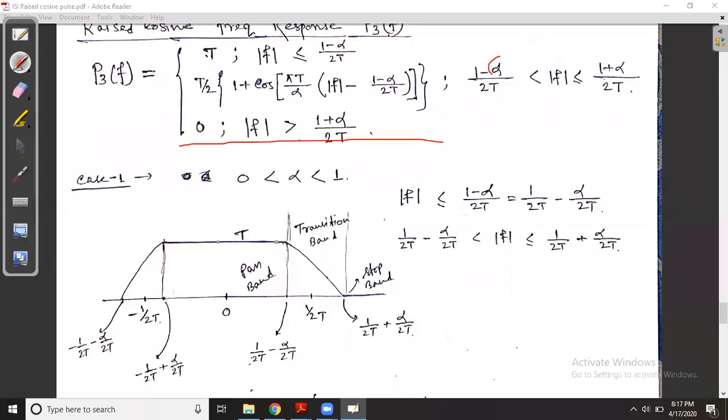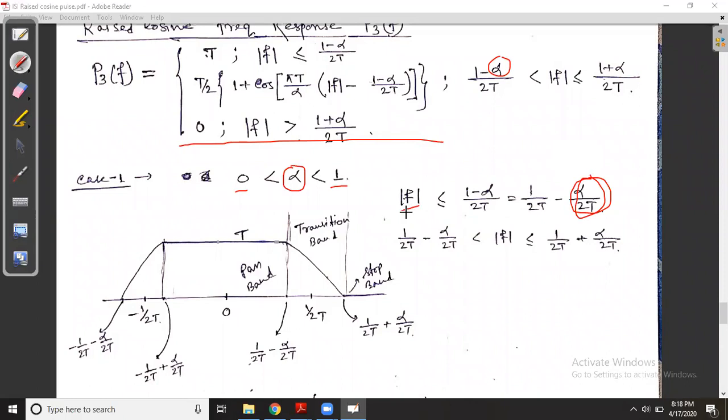Alpha is used to change the shape of the pulse. The range of alpha I am considering is between 0 and 1. I don't know the exact value. It may be 0.2, 0.3, 0.5, whatever the value is between 0 and 1.